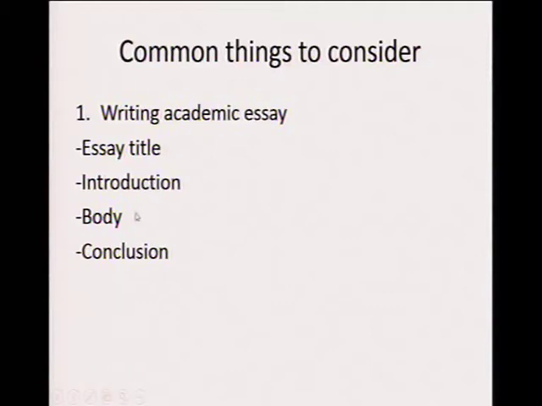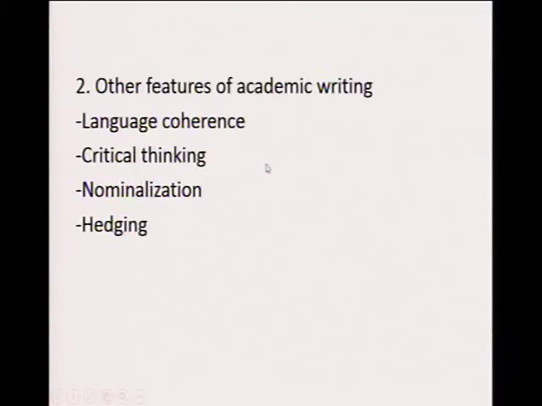When it comes to an essay at Social Science 4 level, you should be able to write a very smooth essay with all these attributes: coherent language, nominalization, hedging, and also critical thinking. Critical thinking in the essay means that you cannot just present any hanging argument without supporting evidence or supporting statements.